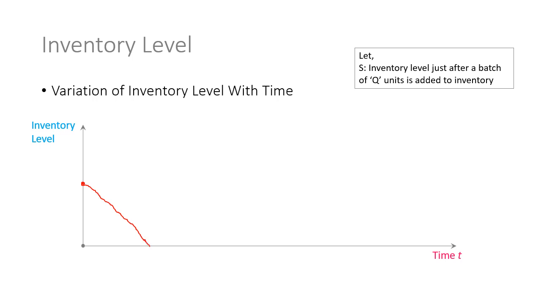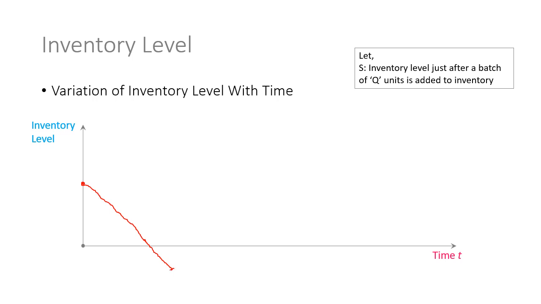In this model, as we allow the shortages to occur, we can take this line on the negative side of the vertical axis, and the length of this line along the vertical axis represents the number of units short. We'll talk about it later.